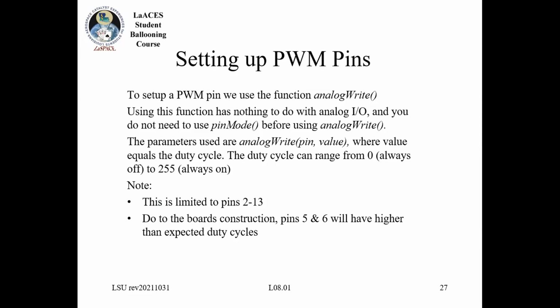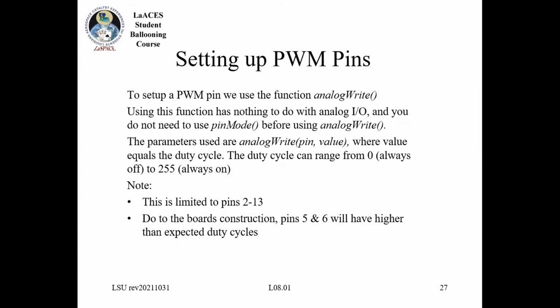Also, the thing I don't really like is that it's called analog write, which implies that it's an analog output signal, which it sort of is, but it's not a true analog output signal, right? So if I hooked up a scope to that PWM pin, an oscilloscope, which is something we are going to do next week, I would see a square wave of varying width. I wouldn't see a varying height voltage signal.